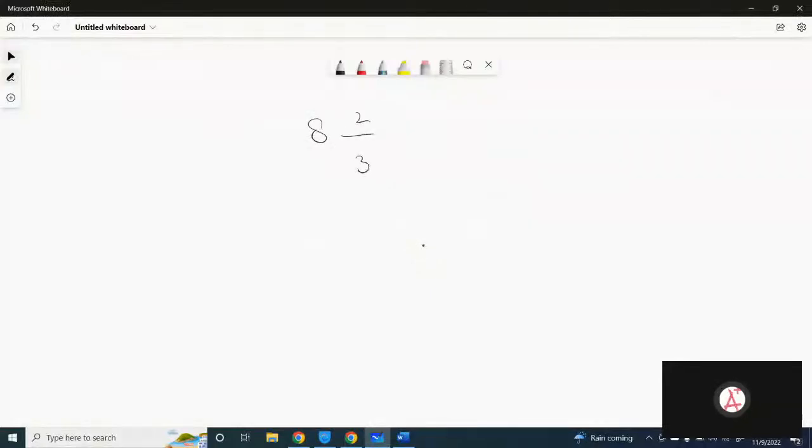8 whole 2 over 3. So 2 over 3 is greater than 1 over 2. Just compare their denominators and then their numerators. Got it? 2 over 3 is 0.67, I think, and 1 over 2 is 0.5.